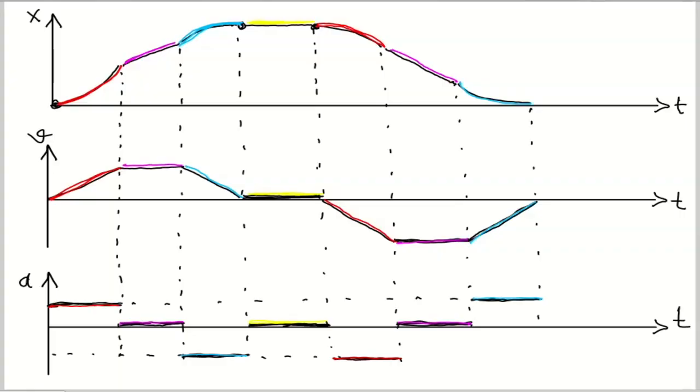Let's summarize. How did we go from x versus t to v versus t, and v versus t to a versus t? X versus t to v versus t, we calculated the slope by simply taking smaller intervals like that, and then marking the slope of these smaller intervals.